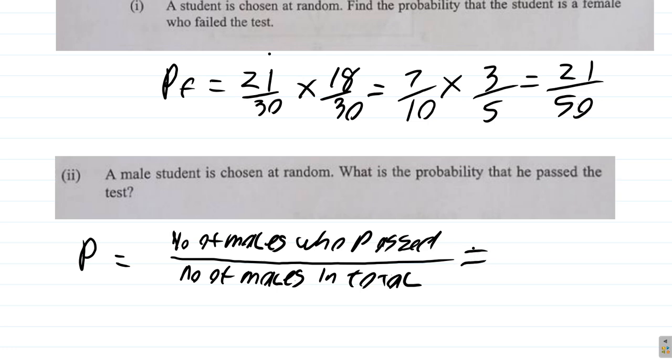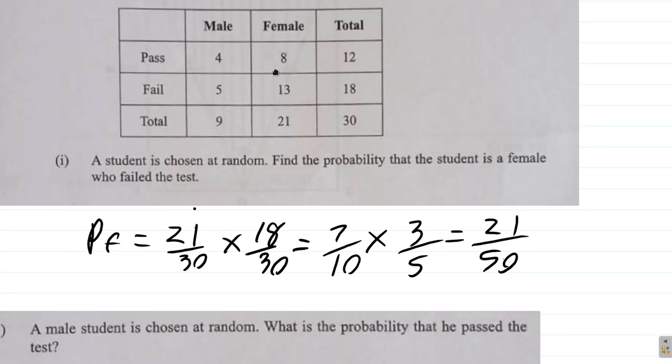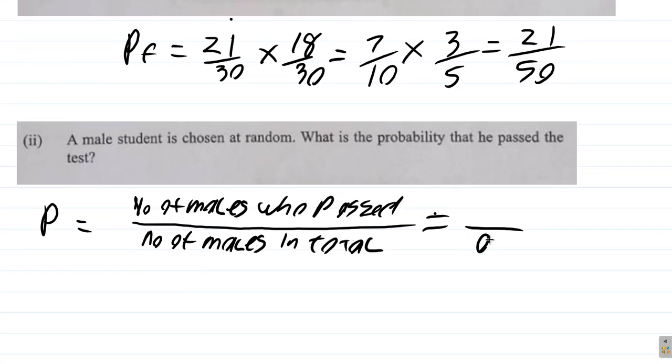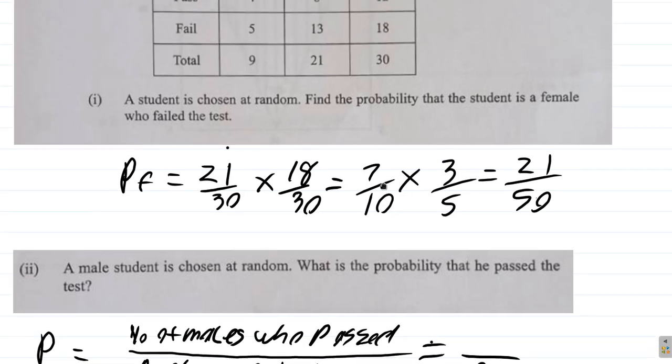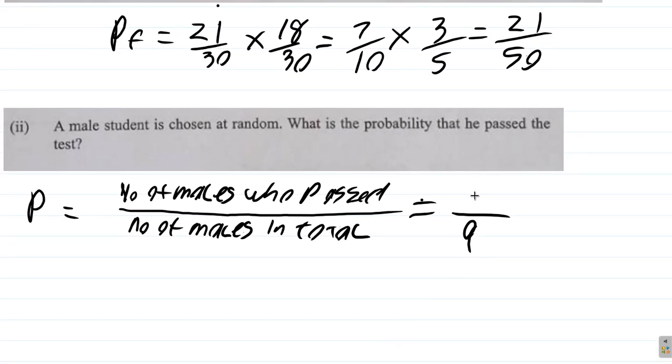So how many males are there? 9 males. How many of them pass? 4. So that's the probability: 4 out of 9.